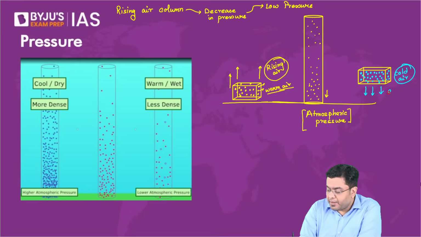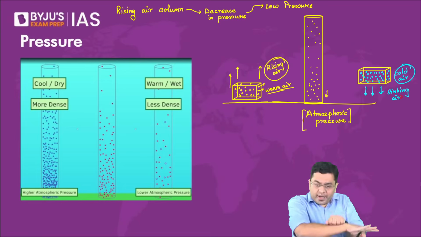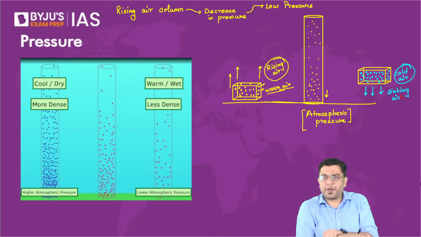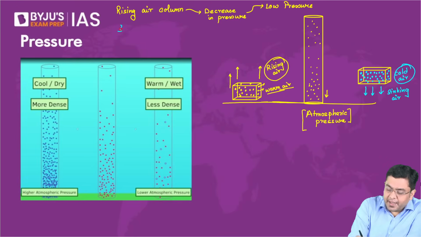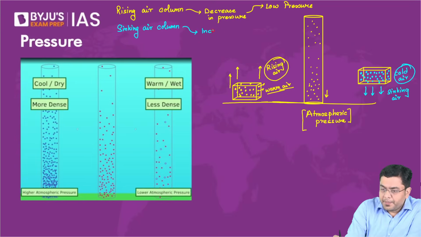So you have sinking air. Now what will it lead to? On a ground surface, if you have sinking air, what will be the impact on pressure? It will increase the pressure. So a sinking air column will always lead to an increase in pressure, and that is what is referred to as high pressure.